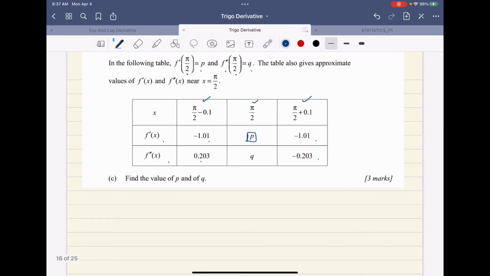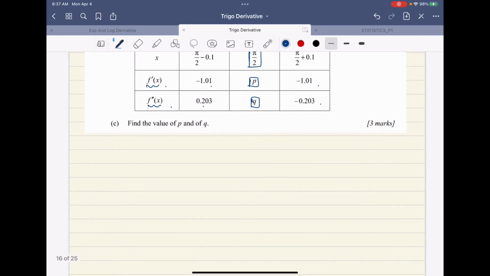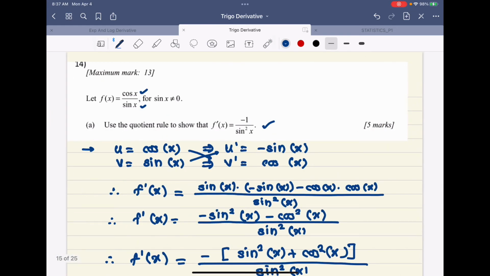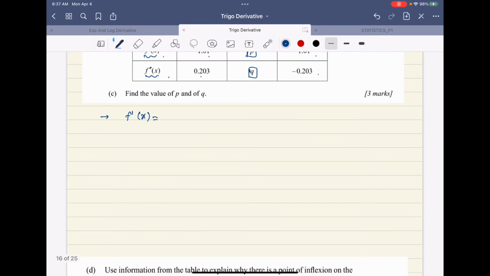We need to substitute x equal to pi by 2 in the single derivative and double derivative respectively. Here my single derivative is negative 1 over sine square x. Do not worry about that: if you don't get the answer to the first part, you can still use the given answer to find this part.